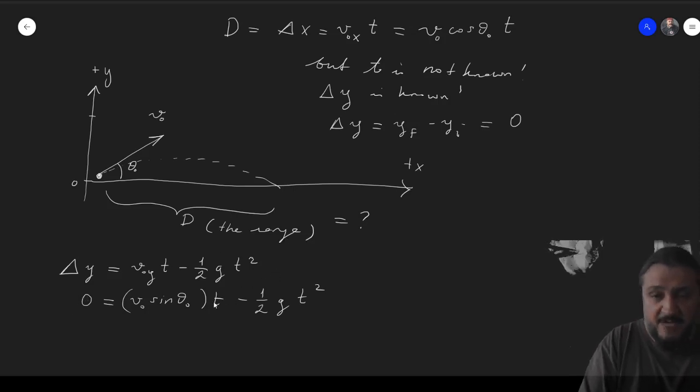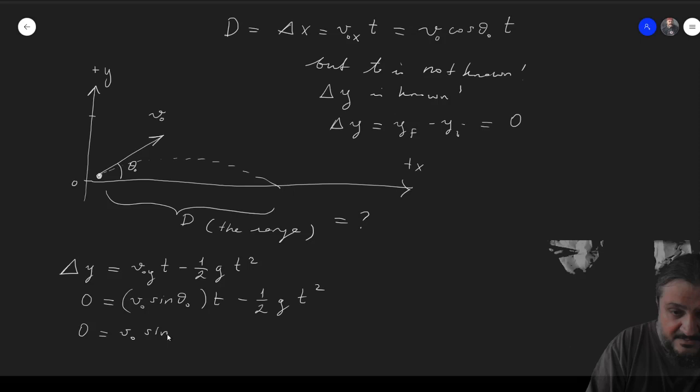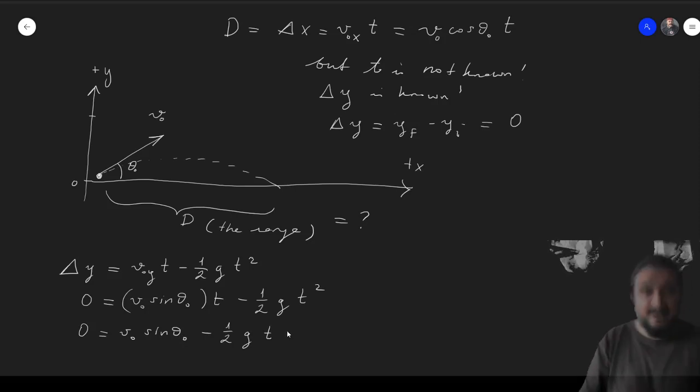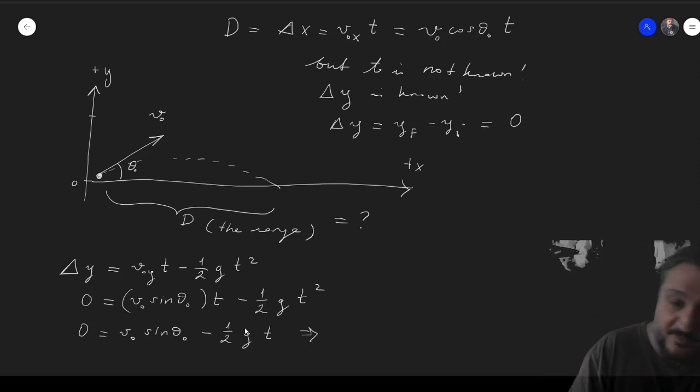I could factor out a t, because both terms have t, and divide both sides by t. I would get 0 equals v naught sine theta naught minus 1/2 g t, not t squared, t, because I divided by t. Then I could solve for t: multiply everything by 2 and divide by g.